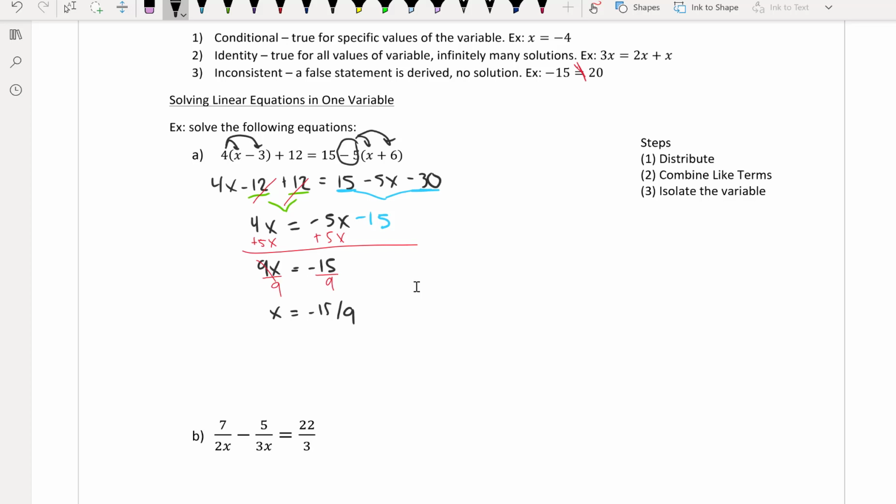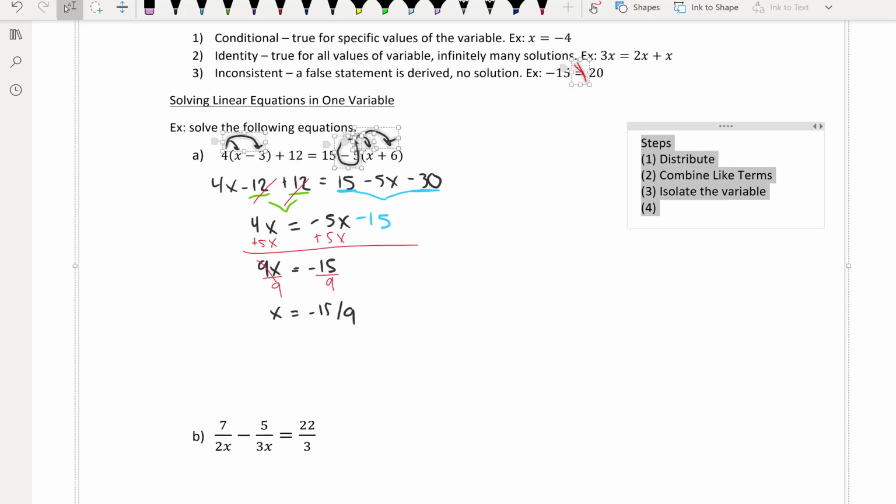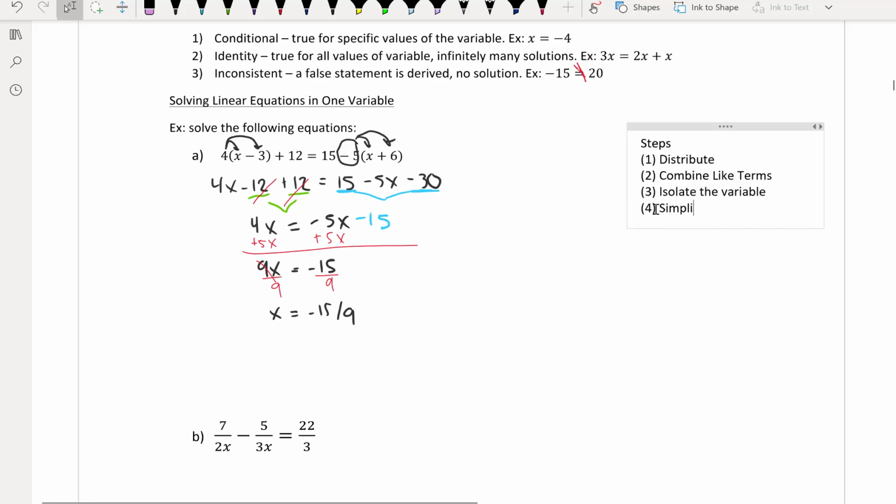Now, there are going to be 2 more steps here. So after I have isolated the variable, which I have done, you always want to simplify if possible. And then that last step, if possible, you want to classify the equation.